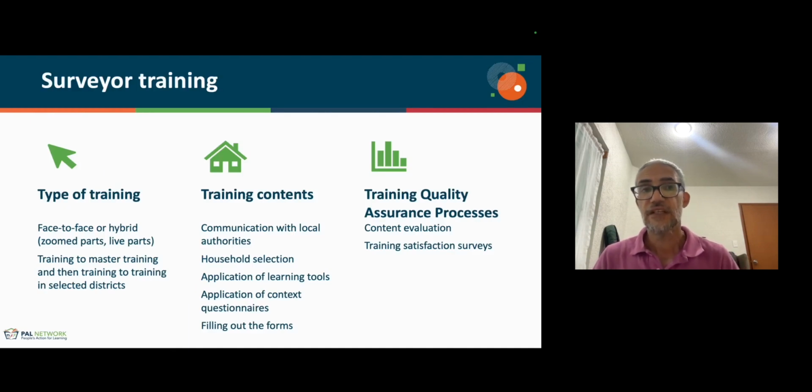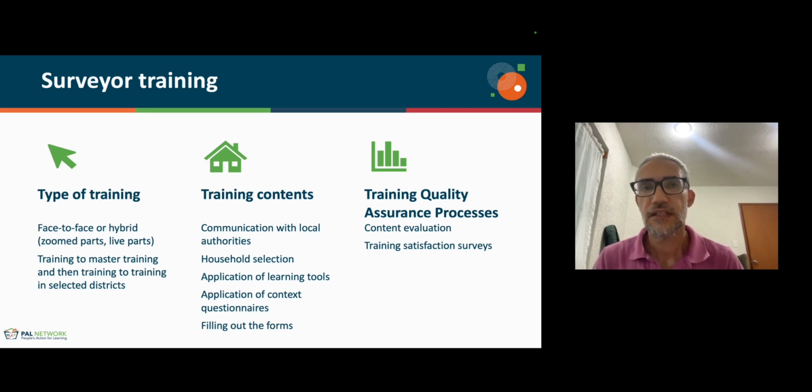In the surveyor training, there are three critical or key decisions. One of them is you need to choose the type of training. You can choose face-to-face or hybrid, with some online parts, and you can choose master training and then training in selected districts, or you can choose, as we did, to create a squad of trainers.